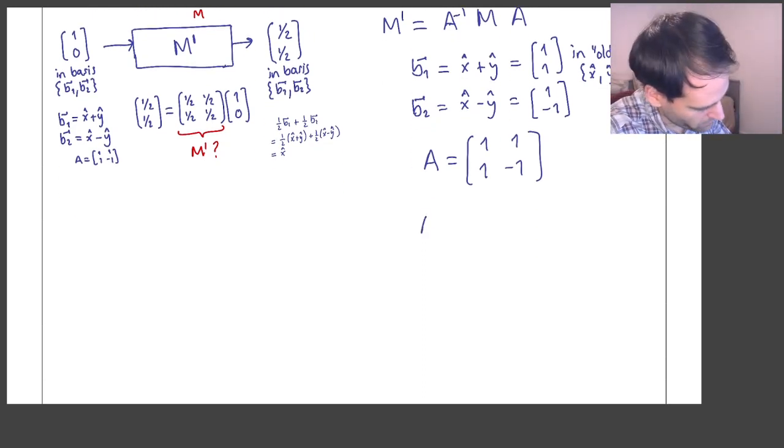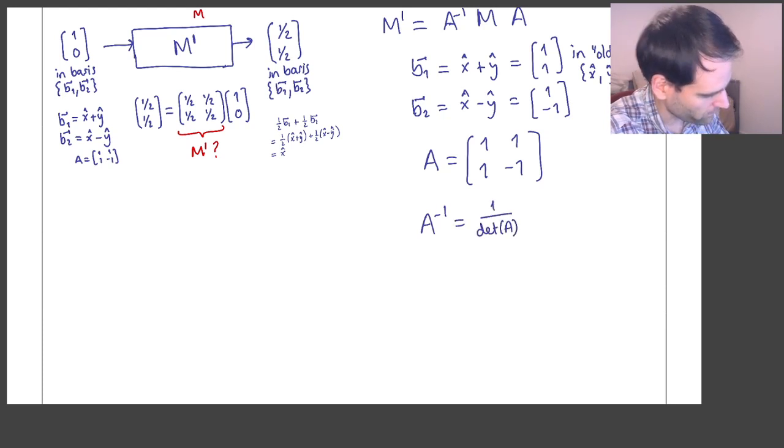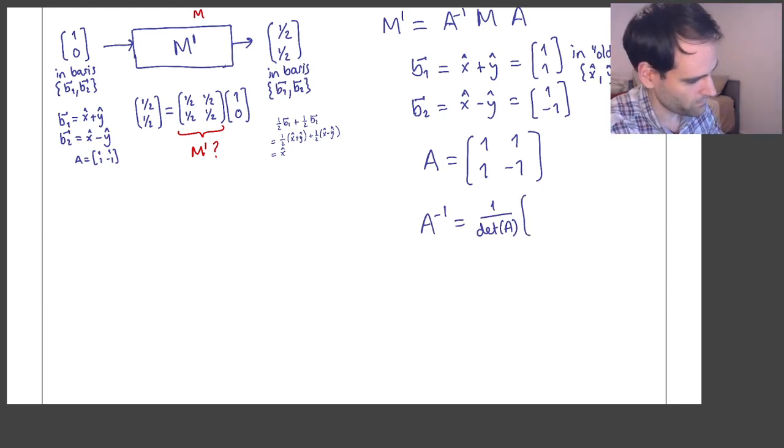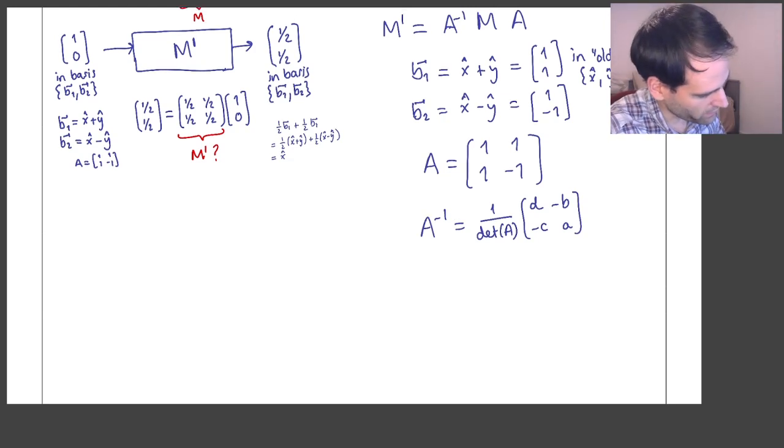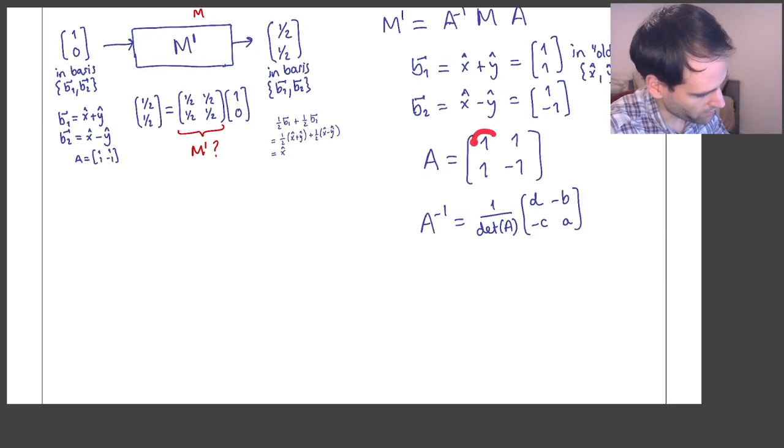Now, the inverse of A, we know this is equal to 1 divided by the determinant of A multiplied by D, A, minus B, minus C. This is the recipe for the inverse, okay? And the determinant here is 1 times minus 1, that's minus 1, minus 1 times 1, which is 1.